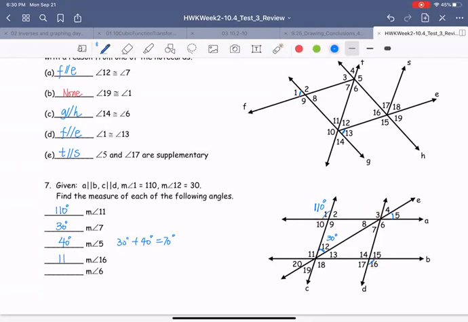Yes. Okay, 110. And angle 6. Angle 6 is how much? 110, yes, 110 again. Very good. Nice work.